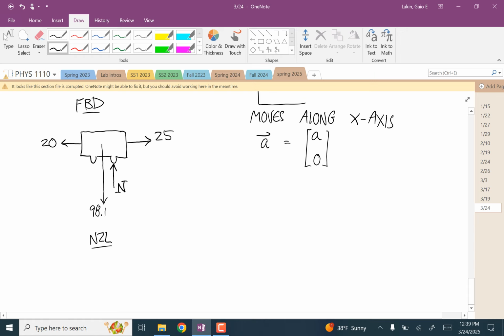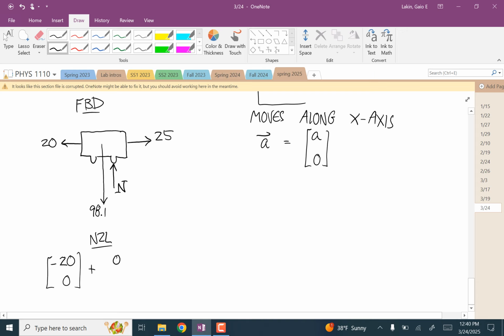So for Newton's second law, each one of the forces in the free body diagram we have to put as a vector. So this 20 is in the negative x direction. So I'll put in negative 20, 0. Everyone with me on why those are the components of that force? Then there's the weight force in the negative y direction.